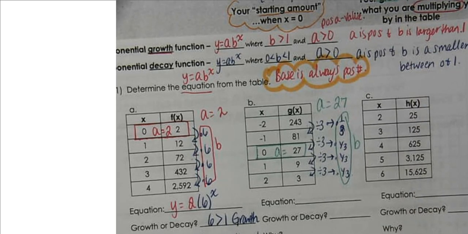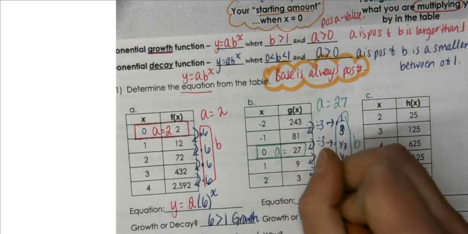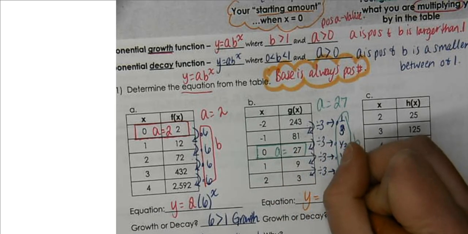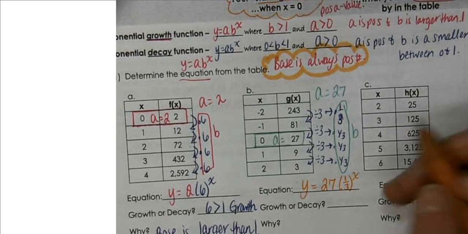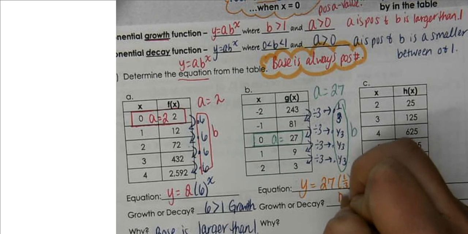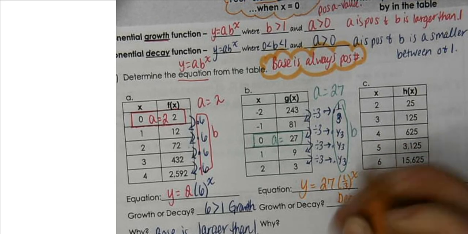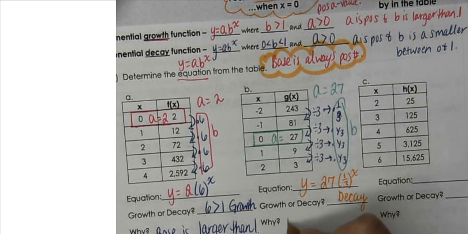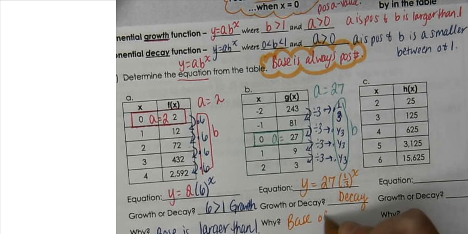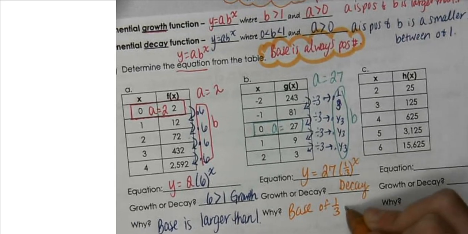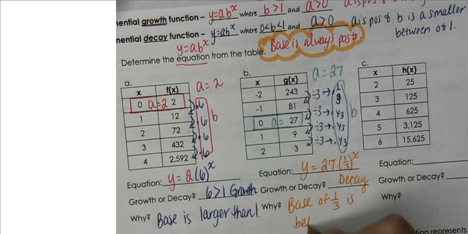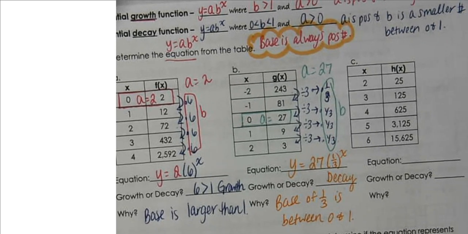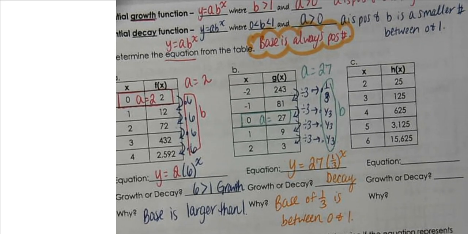Therefore, our equation is going to be y is equal to 27 times 1/3 to the x power. This one is going to be exponential decay, and that is because our b value, or our base of 1/3, is smaller than 1, or in between 0 and 1. So therefore, this is considered exponential decay.